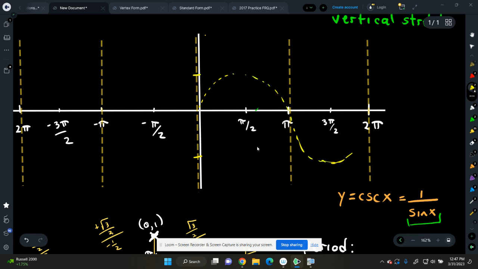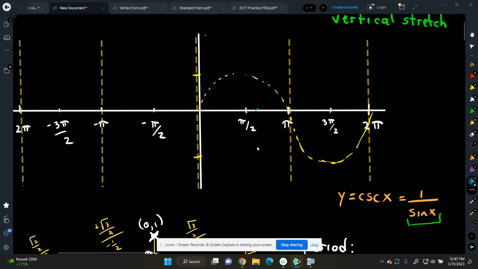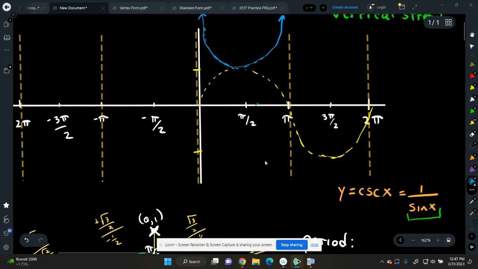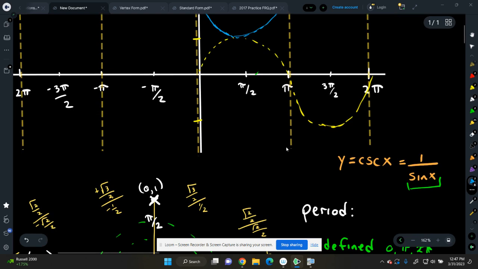When you're graphing this, you're going to make a U, and the U is going to touch the amplitude of the sine curve. Okay, so the U is touching the amplitude of the sine curve, like that.